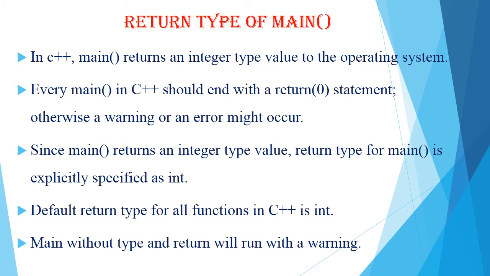Since the main function returns an integer type, the return type for main is also integer type. The default return type for all functions in C++ is int, that is integer. Main without a type and return will run with a warning.